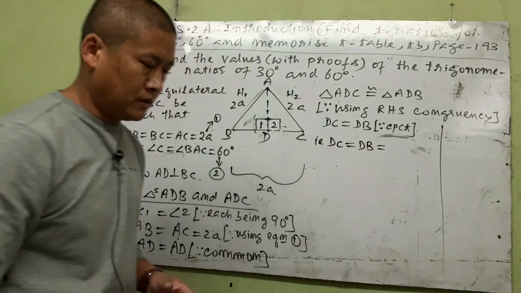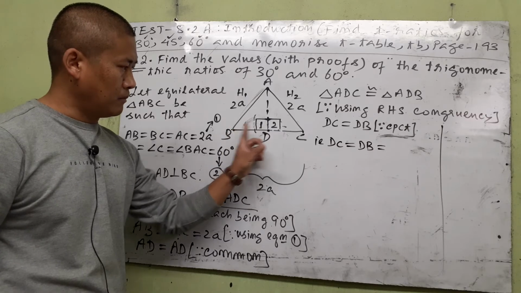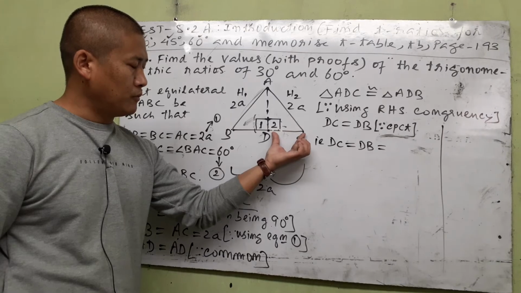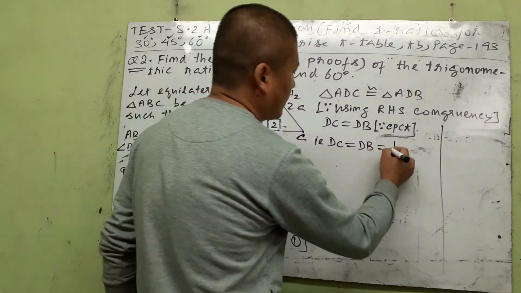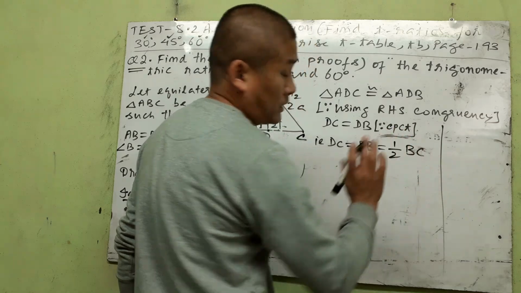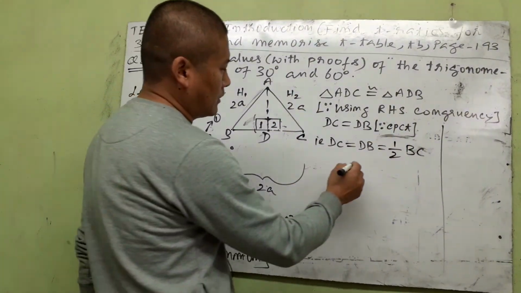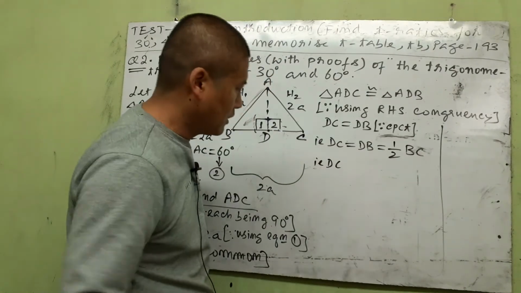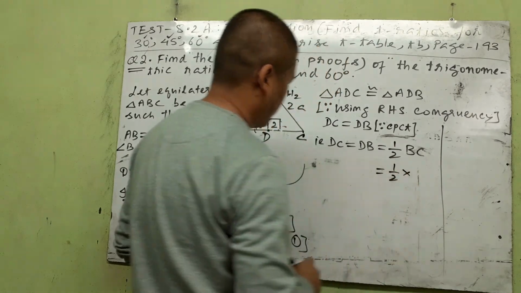Now you will notice that DC and DB together make BC. So since they are equal, each of these two parts are exactly equal to each other. So they will be equal to half of the full line BC, by common sense also, BC, right? So we write here, DC equal to half into BC.